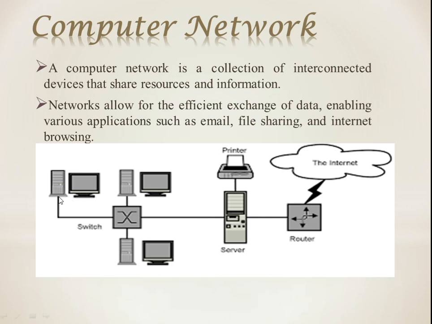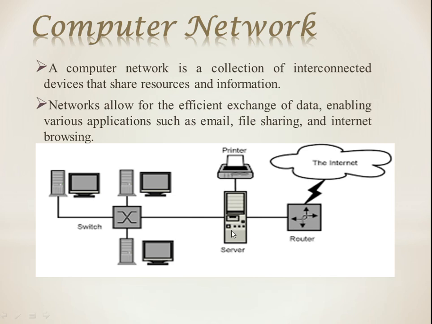Here you can see the PC. Let's consider it as PC1, PC2, PC3. All these PCs are connected through the switch, and then the switch is connected to the server.